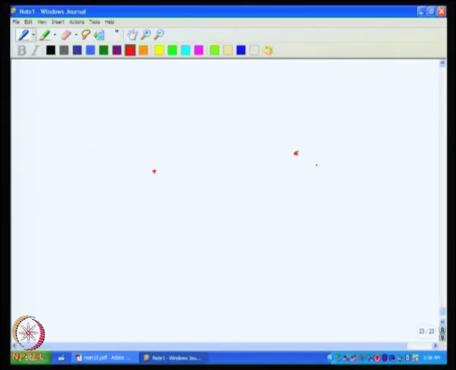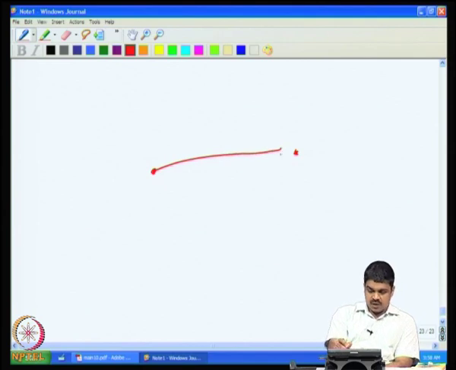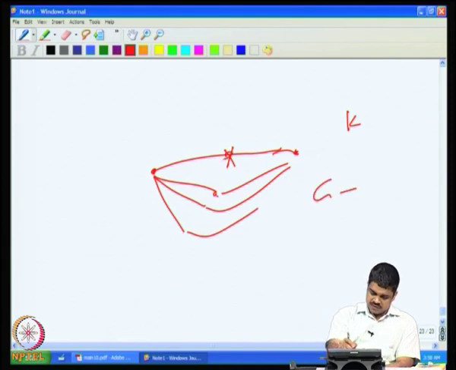So how do you show that? For two vertices which are non-adjacent, we have already shown that previously. If they are adjacent, one path is already there. Now if there are no k internally disjoint paths between them, then in G minus this edge, only k minus 2 disjoint paths will be there.